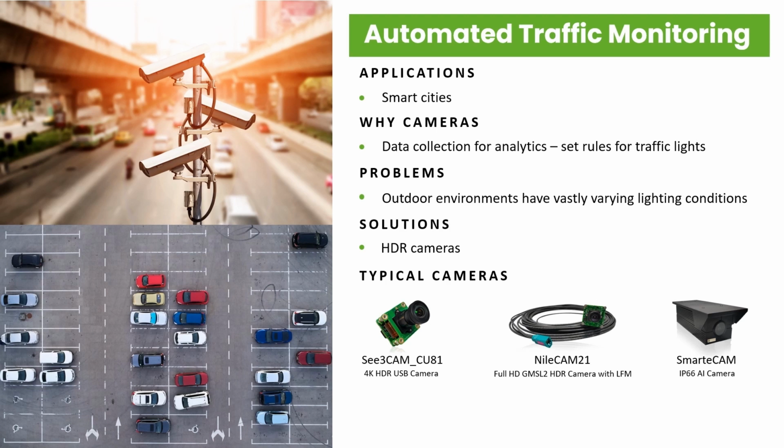When trying to perform automated number plate recognition or to identify traffic violators seated inside a vehicle, it is best to opt for a global shutter camera. This is because details are well preserved without artifacts even for fast moving vehicles.